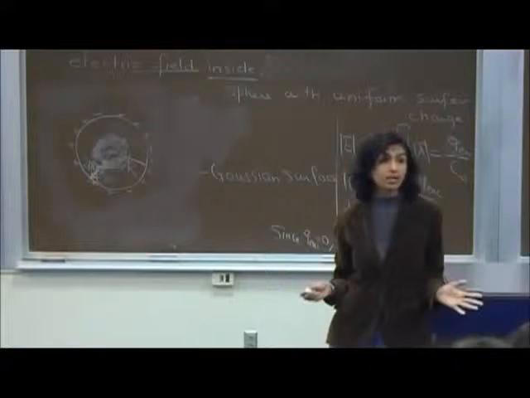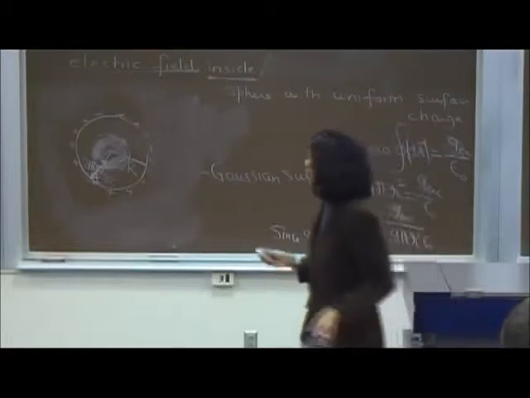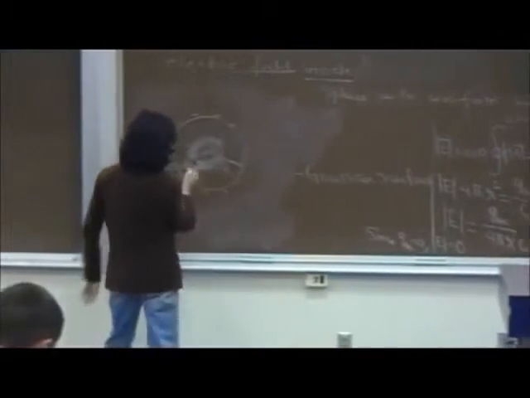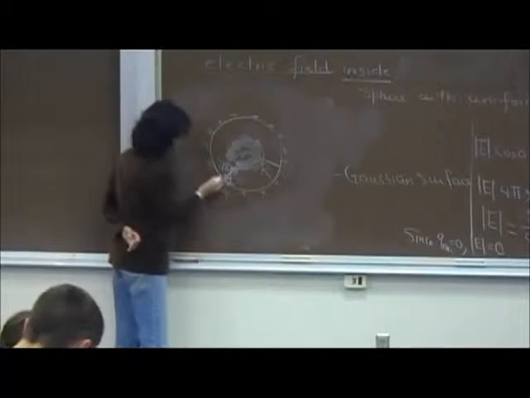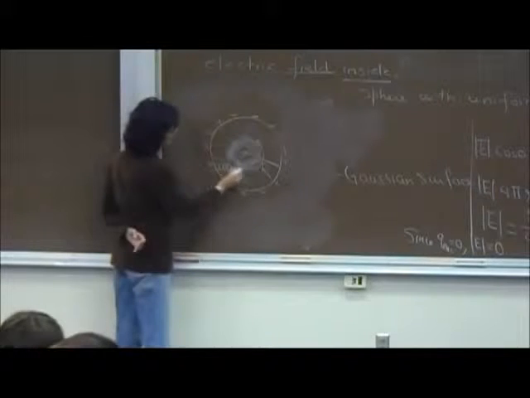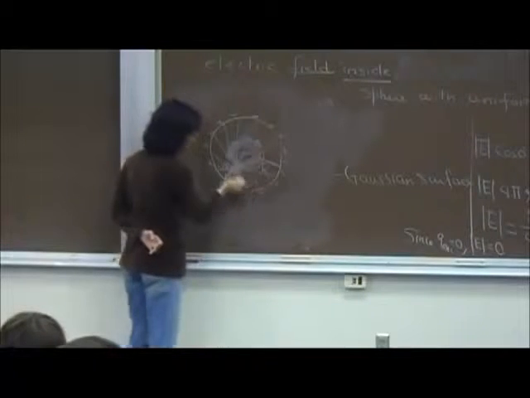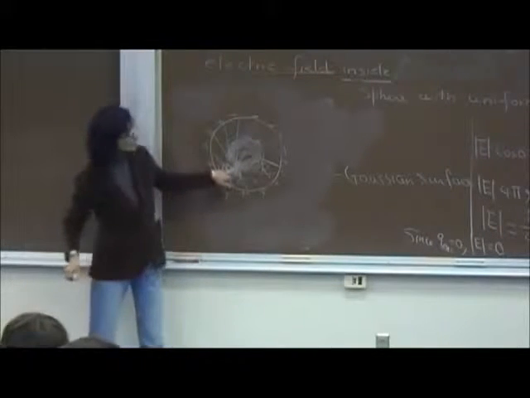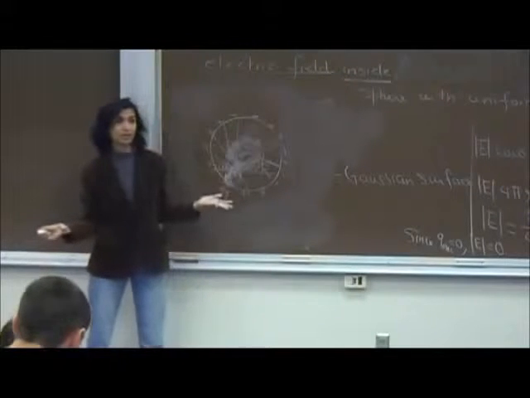Look how beautiful Gauss's law is. We did not do any complicated integral, nothing. In Coulomb's law, you could not even have convinced yourself. Suppose I asked you to prove that the electric field here is 0 by taking little dq's all over the place and adding up their contributions. You would have taken half an hour or 1 hour to do the calculation, and even then you would not have been convinced that if the electric field turned out to be 0 here, it will be 0 here, here, here, everywhere.